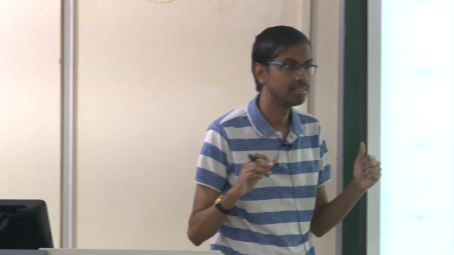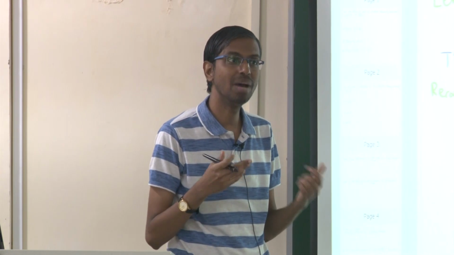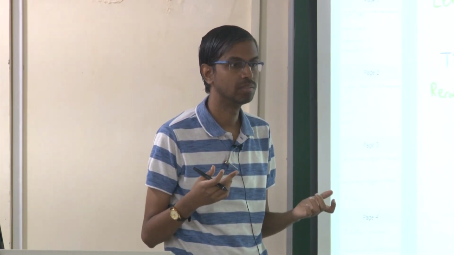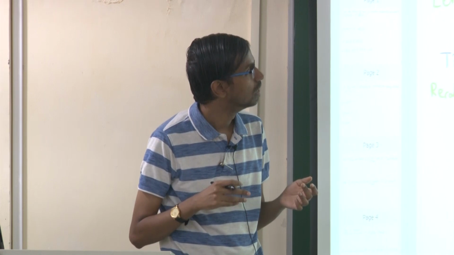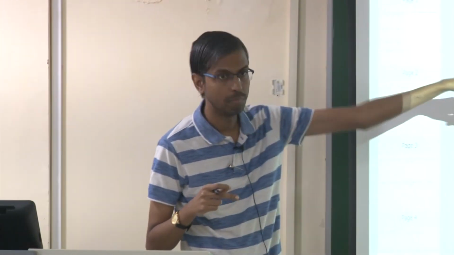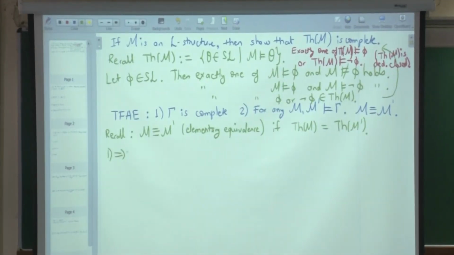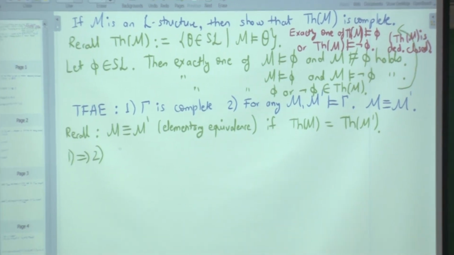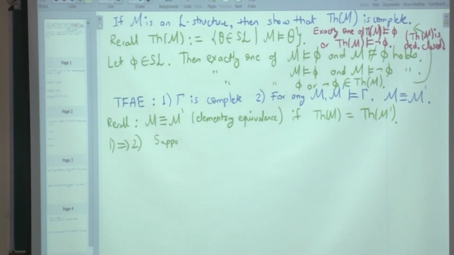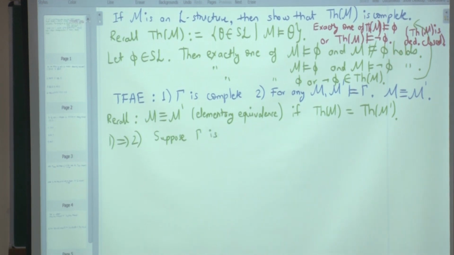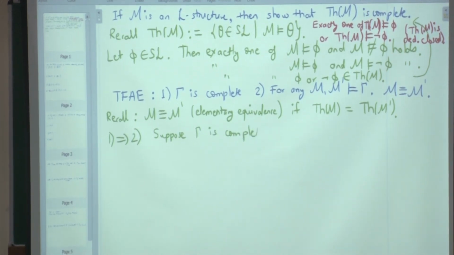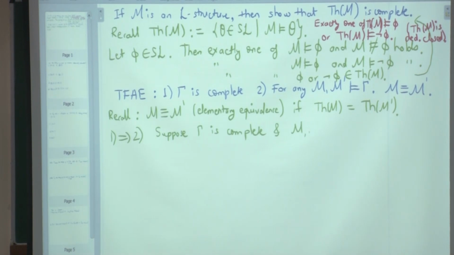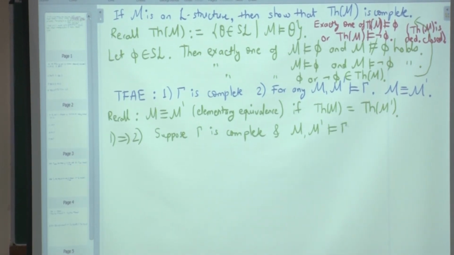So, how do you prove 1 implies 2? Any ideas? If gamma is complete, then what happens? So 1 implies 2. Suppose gamma is complete, and M and M prime are models of gamma.